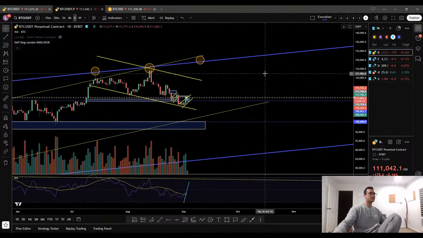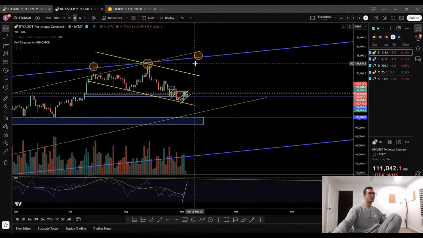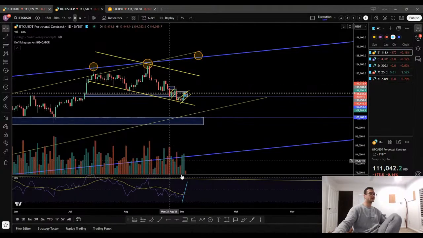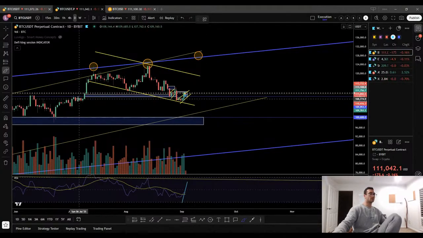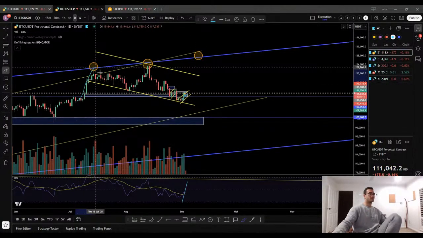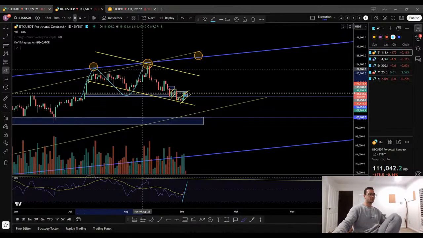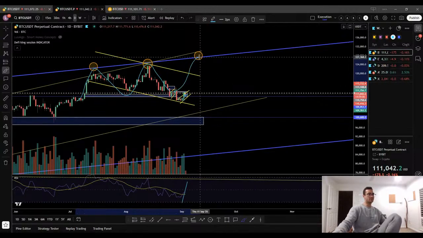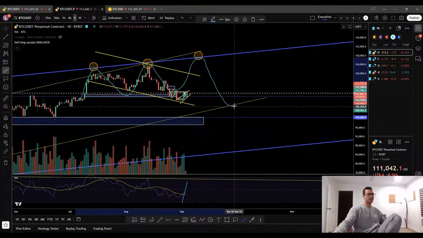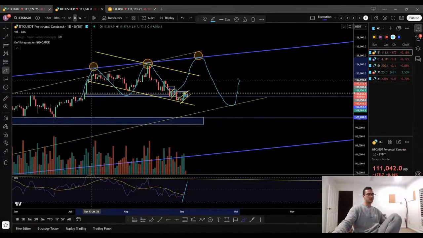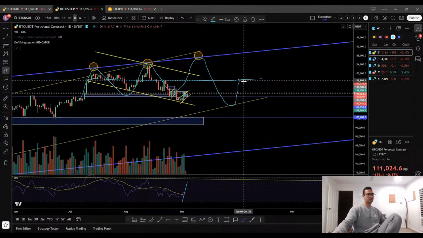They're equal highs. Normally what happens with an equal high is it'll form a bit of a left shoulder, head, right shoulder, and neckline.